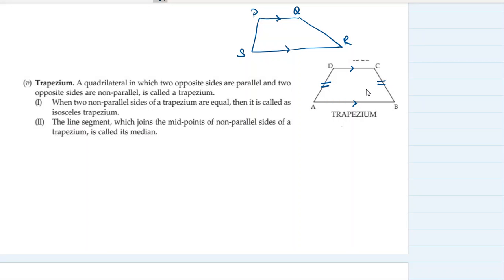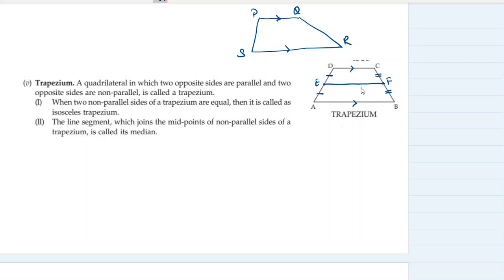ठीक है, और जो पेयर ऑफ साइड्स पैरेलल है ऑपोजिट साइड्स वो इक्वल नहीं होती है. तो जिसमें ऐसा प्रॉपर्टी होता है कि जिसमें नॉन पैरेलल ऑपोजिट साइड्स आर इक्वल, उसको हम लोग आइसोसेलेस ट्रपेजियम बोलते हैं. अच्छा, इसमें जो नॉन पैरेलल साइड्स के मिड पॉइंट को ज्वाइन करने वाली लाइन है उसको ट्रपेजियम का मीडियन बोलते हैं. मतलब मैं यहाँ पे फिगर में ड्रॉ करके दिखाता हूँ. अगर तुम इसका मिड पॉइंट ले लो, इसका मिड पॉइंट ले लो और इसको ज्वाइन कर लो. ठीक है, सो AE इज इक्वल टू ED, BF इज इक्वल टू FC. अगर है तो इसका मतलब क्या है कि EF इज अ मीडियन.